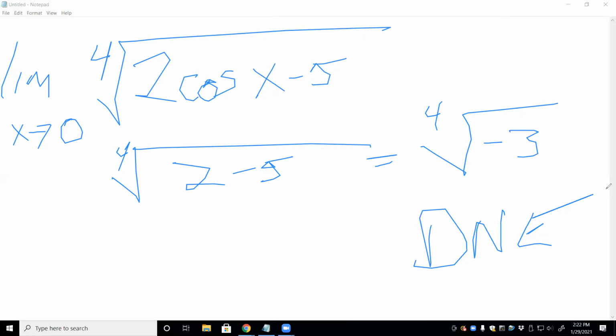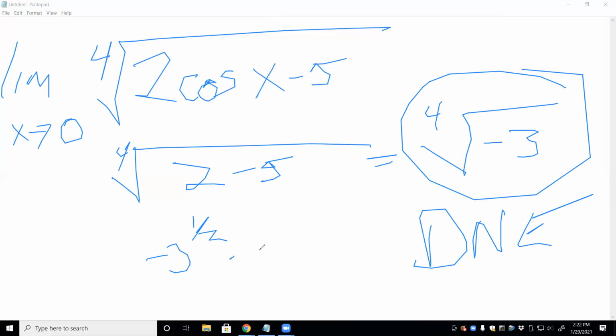Okay. No, I was just curious because, other than imaginary solutions, and to be honest, I'm not sure how they treat that, whether they want you to say does not exist or actually give whatever that imaginary solution is. What is that? That's minus 3 to the 1/2 times minus 3 to the 1/2.